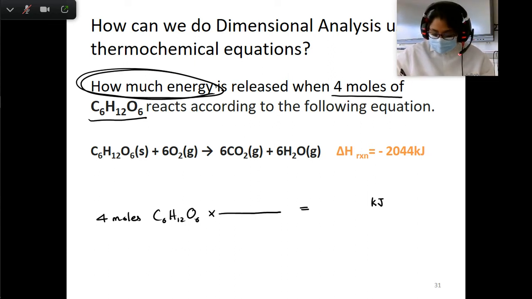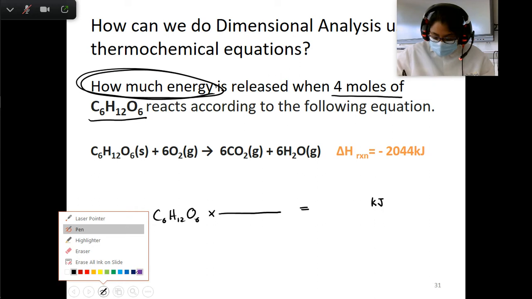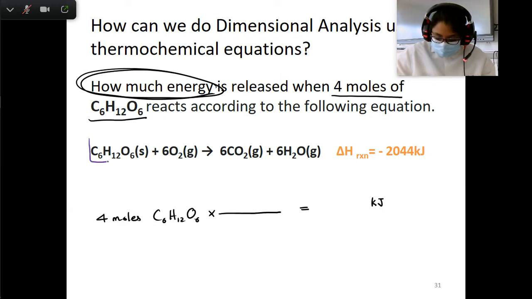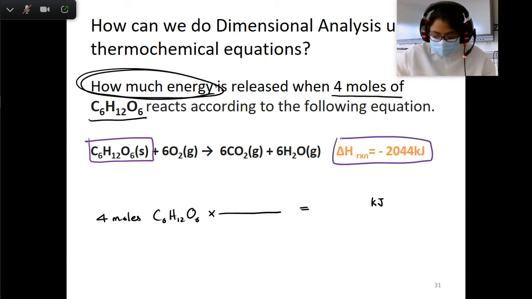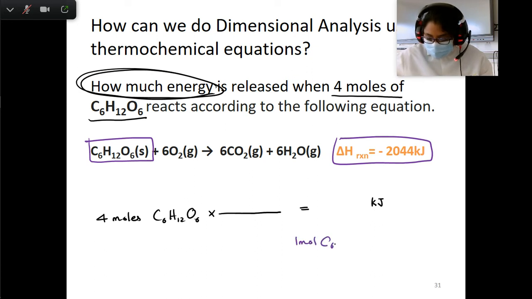All right. Now, remember, you can write conversion factors that we just did. And you might be like, wait, what do I write conversion factors for? You're writing for glucose's relationship with the energy term. Okay, so here is your equality. 1 mole of C6H12O6 is equal to negative 2044 kilojoules of energy.